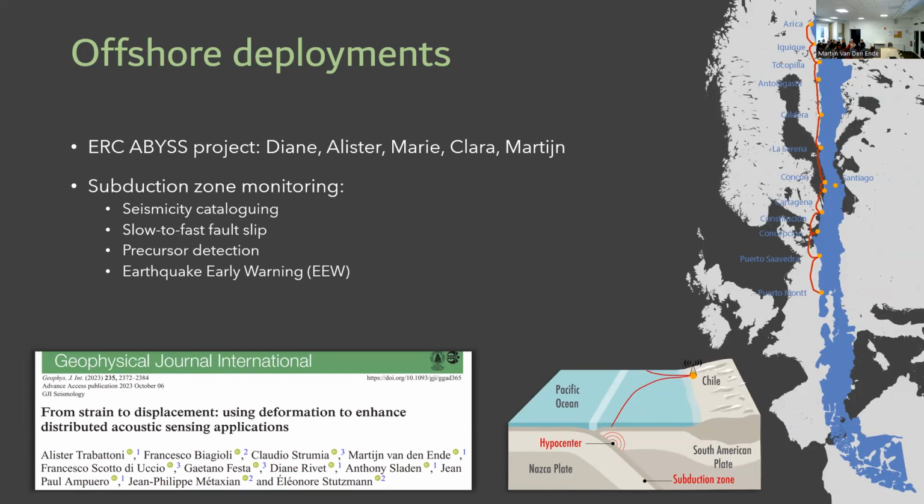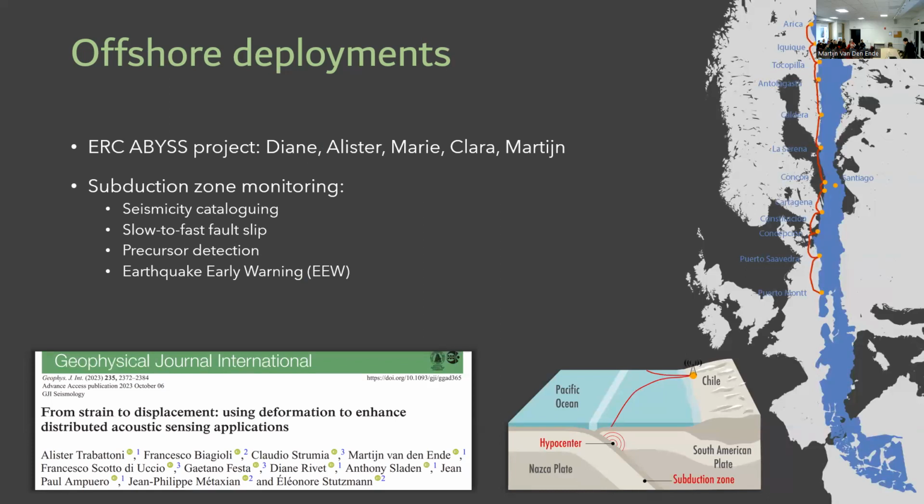And the ultimate goal is to develop an earthquake early warning system that is based on fiber, because all these cables are offshore, they're much closer to the trench, and they're closer to where the action is happening. And so this can give you something like 10 or 20 seconds of lead time if you were able to send an alert based on data coming from the cables.